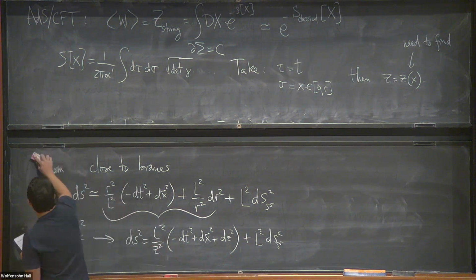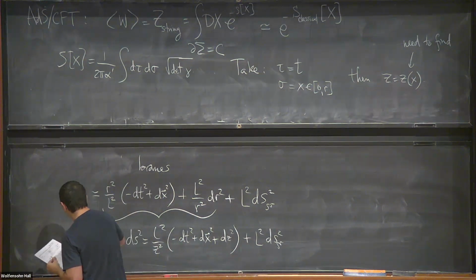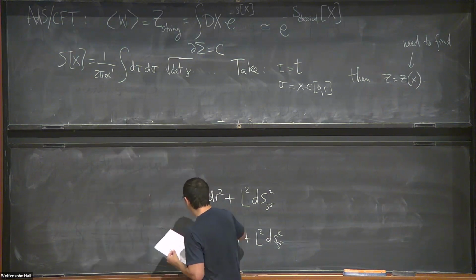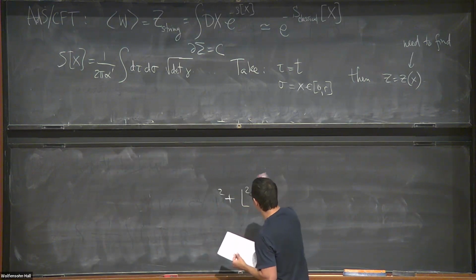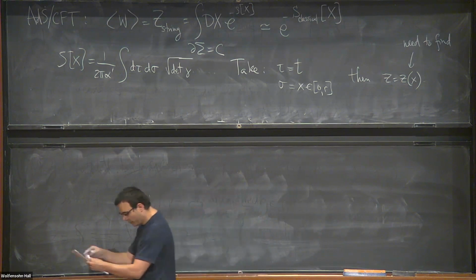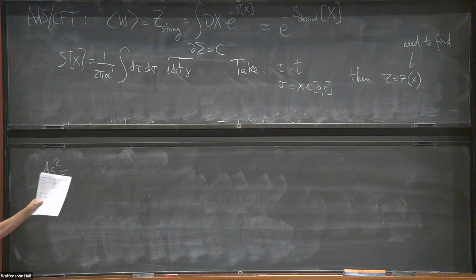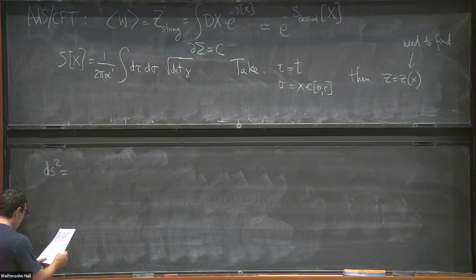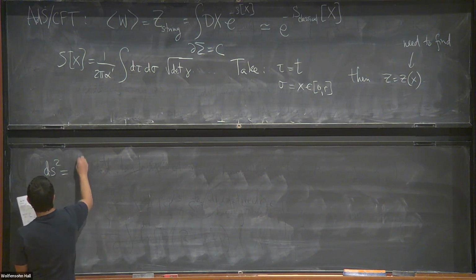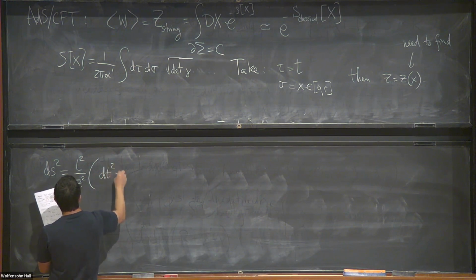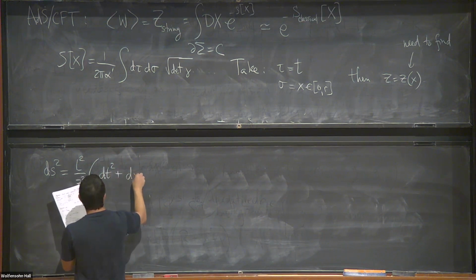The point I want to make with this is that the computation is really like a classical mechanics problem. But let me write it in that form. So the induced metric can be computed from plugging in that parameterization in the AdS metric. So this would be L squared over z squared times, in Euclidean signature, dt squared plus dx squared.